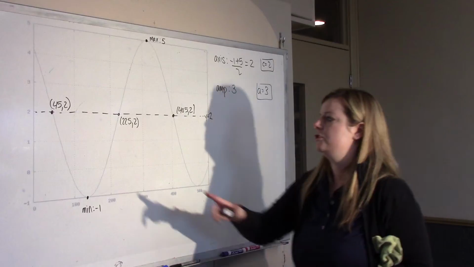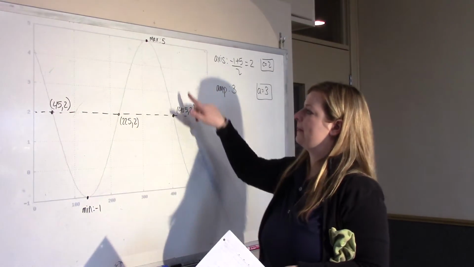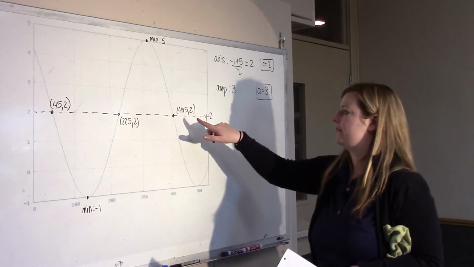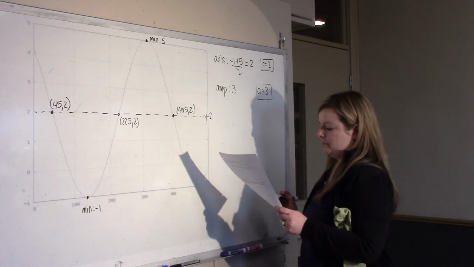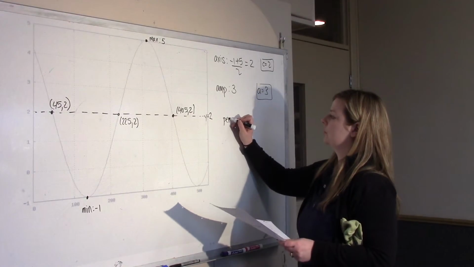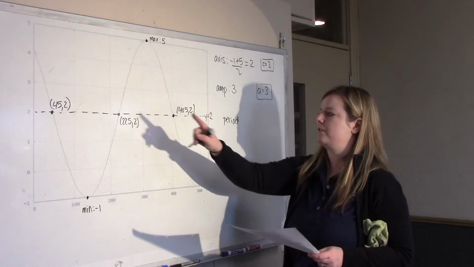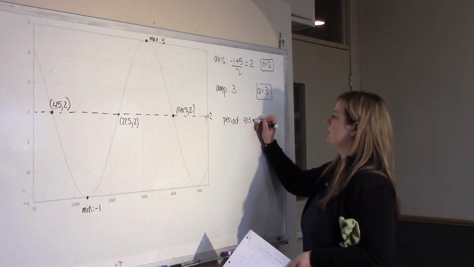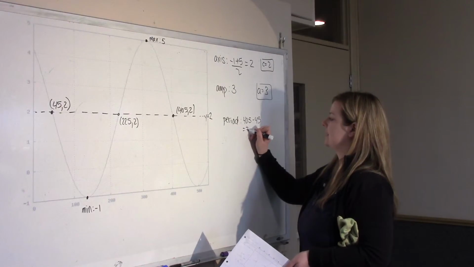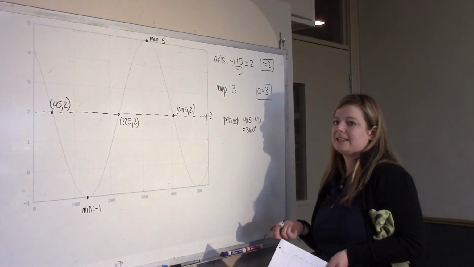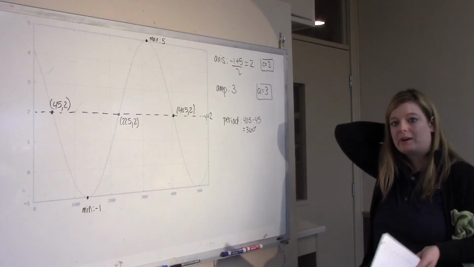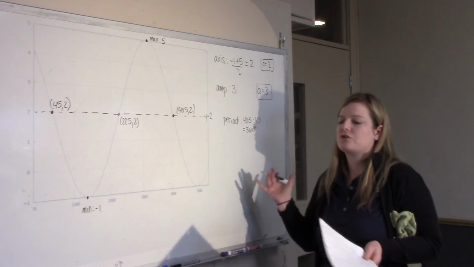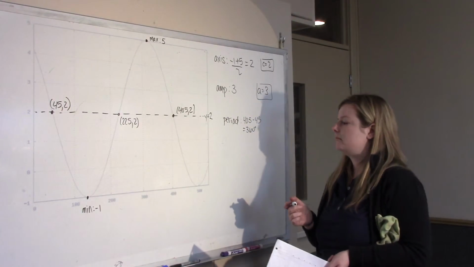So actually we do have an entire cycle that goes from 45 to 405. So the period is just the length between 45 to 405. So 405 minus 45 is 360. So because our period is 360, that means there is no K value other than 1 because we haven't stretched or compressed this at all.